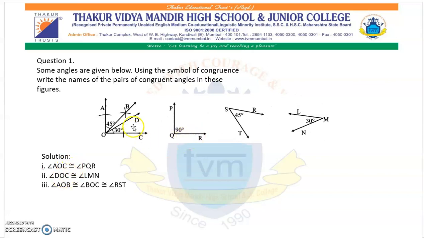Same way, angle DOC and angle LMN, both are 30 degrees. So both are congruent. Angle AOB is congruent to angle BOC, is congruent to angle RST, because the measure of all the three angles is equal to 45 degree.